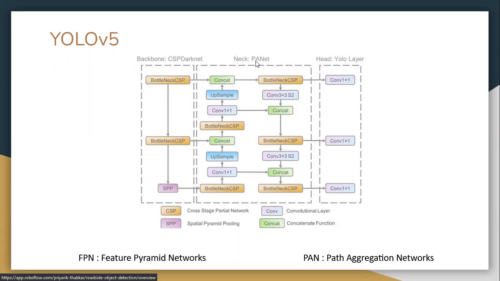PANet contains the input from the bottleneck, the bottom-up process, and the connection of the bottleneck CSP from the previous network. The reason for this combination is that we want more features.